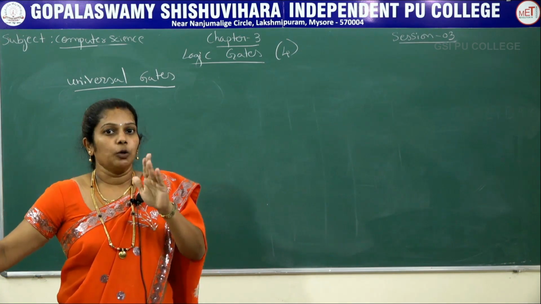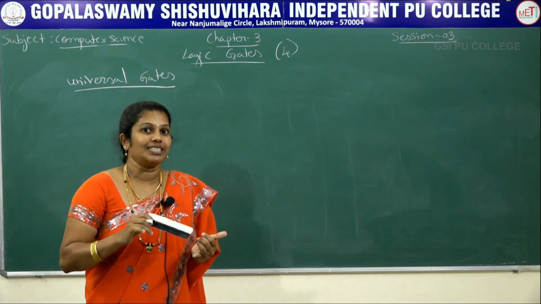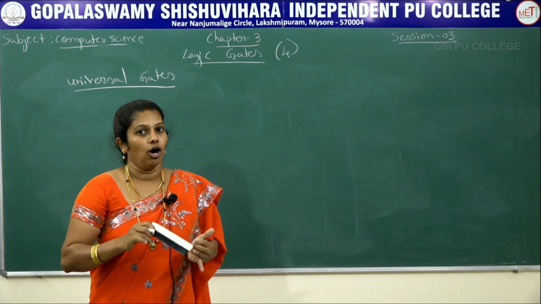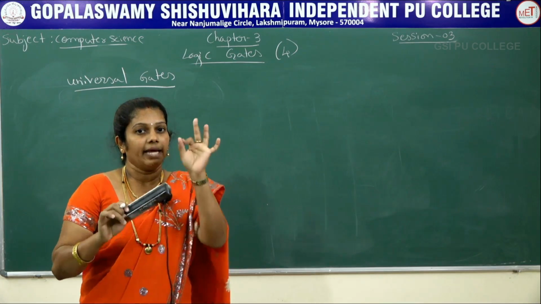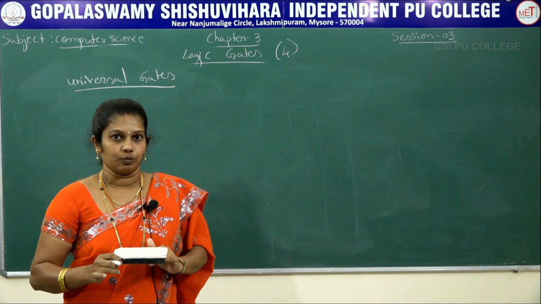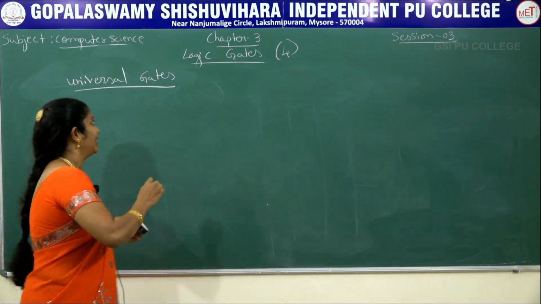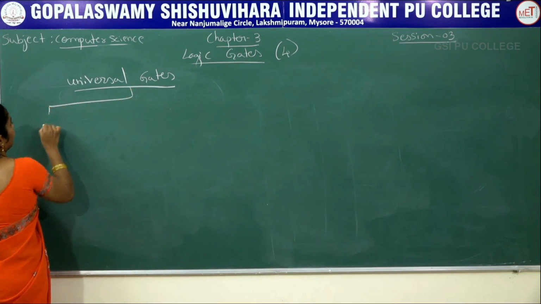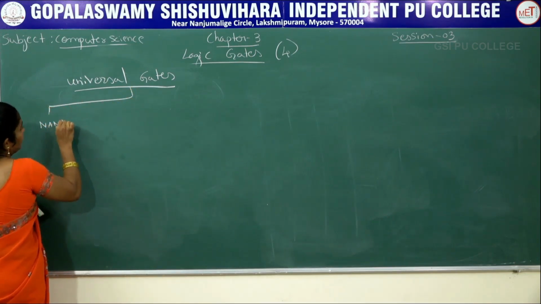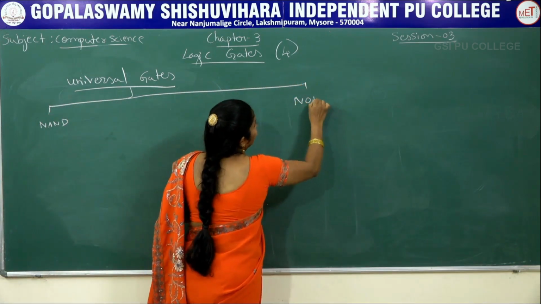Universal gate means by using these gates we can construct all the basic gates. Which are the basic gates? AND, OR, NOT. That is, using these gates we can construct all the basic gates. That's why it is called a universal gate. Which are the universal gates? NAND gate as well as NOR gate.